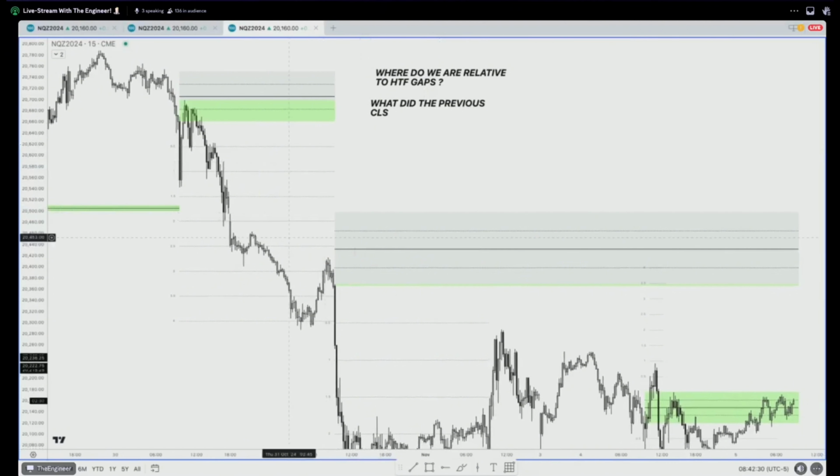I don't know if you remember, but ICT talks about when he's willing to accumulate positions on a long-term trade, like when he was doing the one shot, one kill trades looking for the weekly expansion candle.